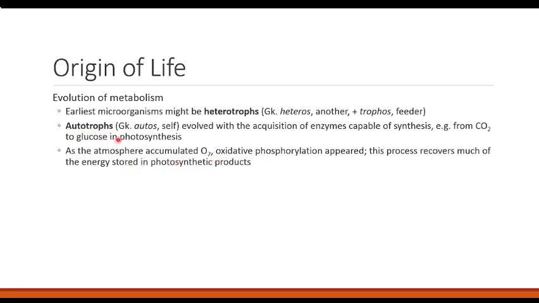And then finally, as the atmosphere accumulated oxygen, a particularly efficient method of producing energy also appeared. We call it oxidative phosphorylation. For now, what you need to know about oxidative phosphorylation is that it is capable of recovering much of the energy that is stored in photosynthetic products.